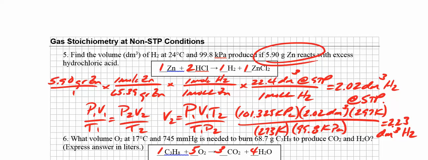I'm looking for a different temperature. 24 plus 273, 297, divided by T1, which is 273. Remember, at standard conditions, it's 0 degrees Celsius, 273 Kelvin, times P2, 99.8 kilopascals. That gives me, after I calculated, 2.23 cubic decimeters. That will do it for number 5.